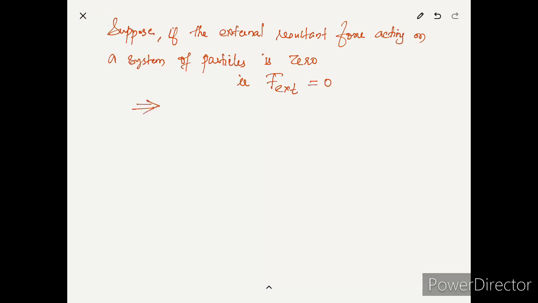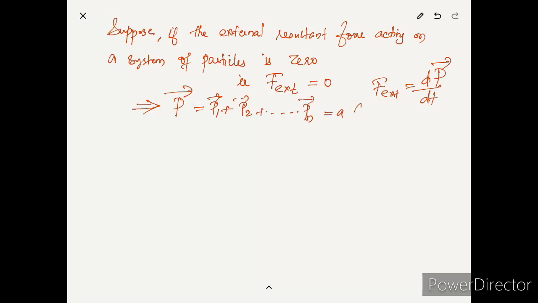This implies, we already said that this F external is equal to dP by dt. So if this F external is equal to 0, then this capital P will be a constant. That is, this P is equal to the vector sum of the individual linear momenta, and this will be a constant.